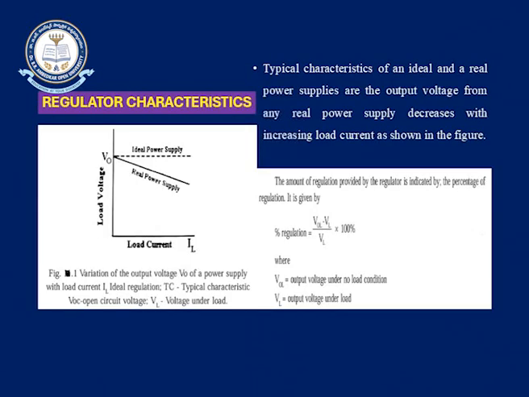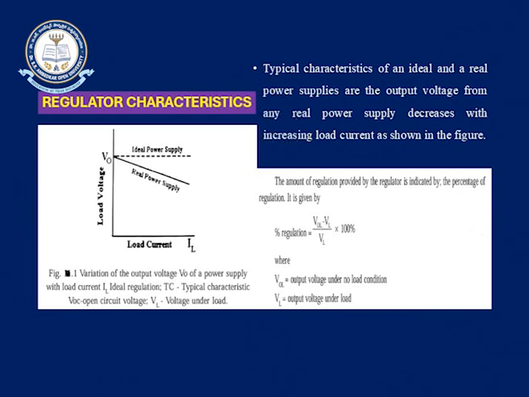Next, regulator characteristics. From the figure you can observe that the x axis is the load current IL and the y axis is the load voltage V naught. In this graphical representation, the ideal power supply, which is constant, is represented by the dotted line, whereas the continuous line represents the real power supply.